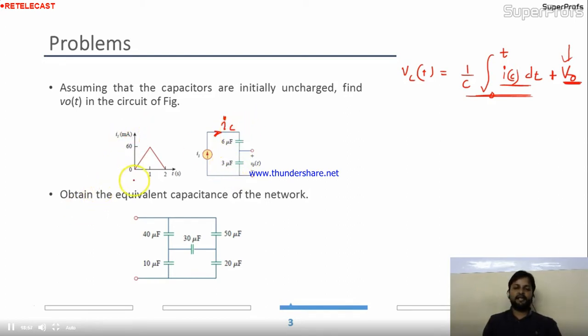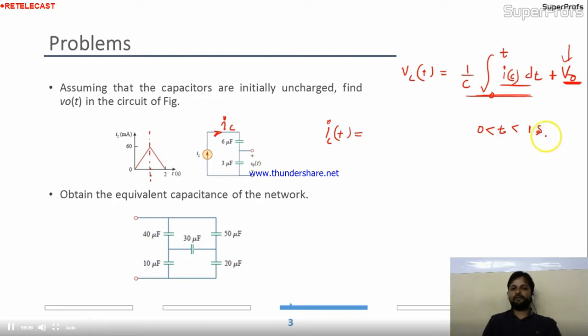Now we have IC. We have to break this time region in two parts. Why? Because here I am taking ICT for t equal to 0 to 1, given in seconds.